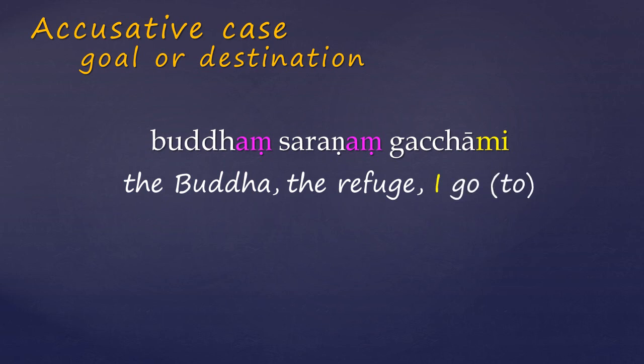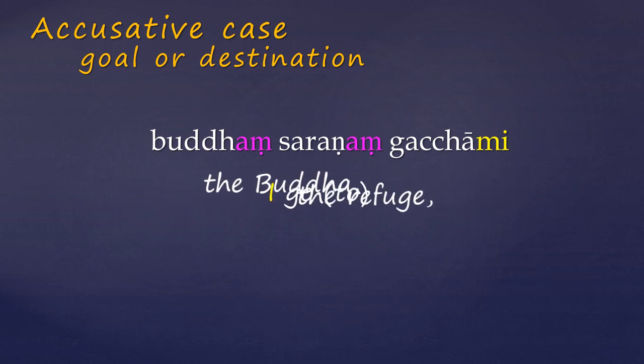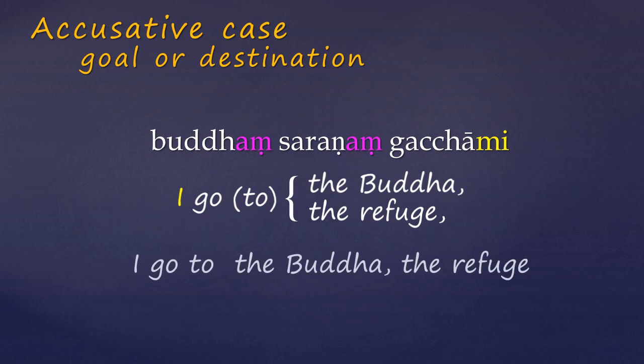Here the terms the Buddha and the refuge are in accusative case, indicating that they are the destination of the verb to go. And these two terms are actually in apposition, so a literal translation in English would be, I go to the Buddha, the refuge.